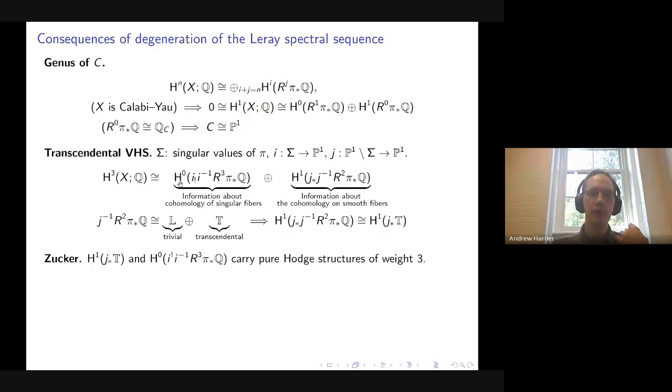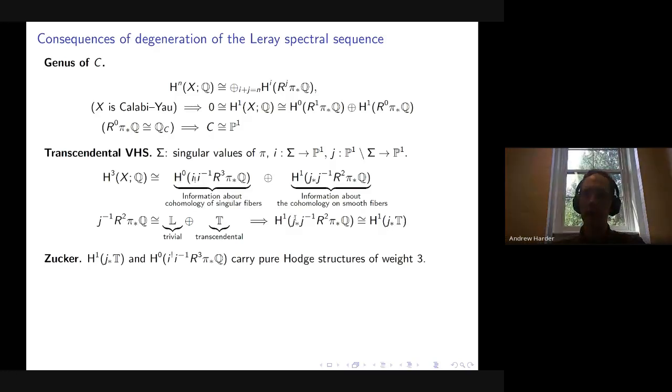So what I'm getting from this is information about the cohomology of the singular fibers. The other component is what I get by pulling back the R^2 sheaf to the smooth locus and then pushing forward. When I pull back the R^2 sheaf to the smooth locus, I get a local system, and then I push it forward. So this is telling me about the local system, essentially data about the cohomology of smooth fibers.